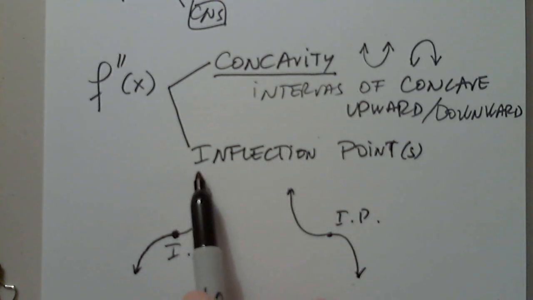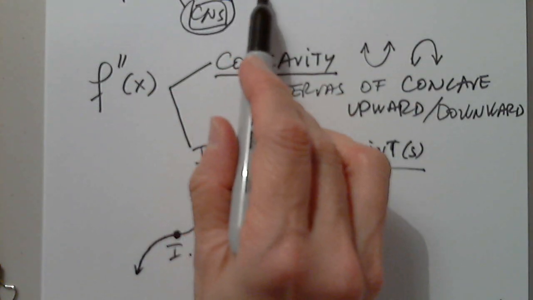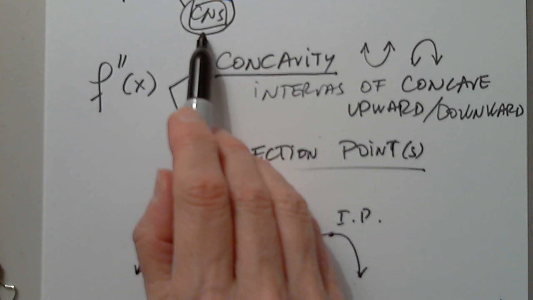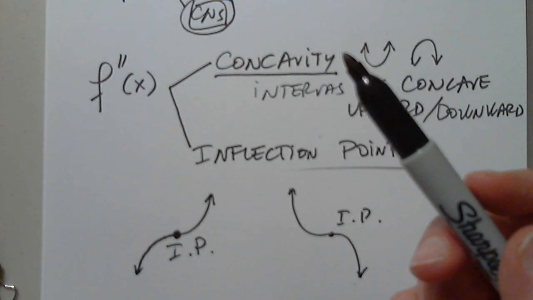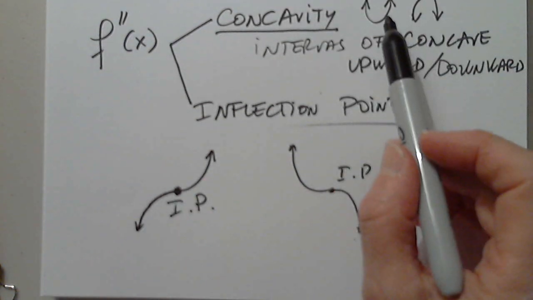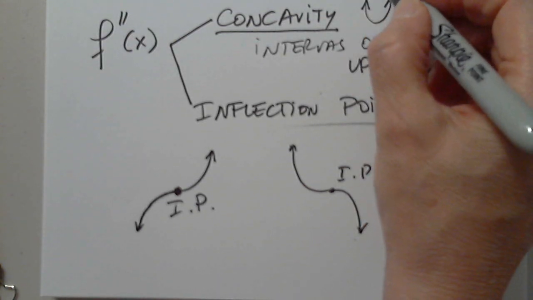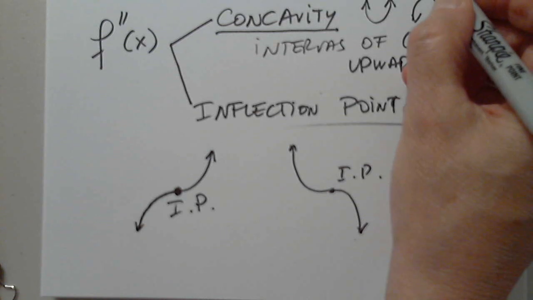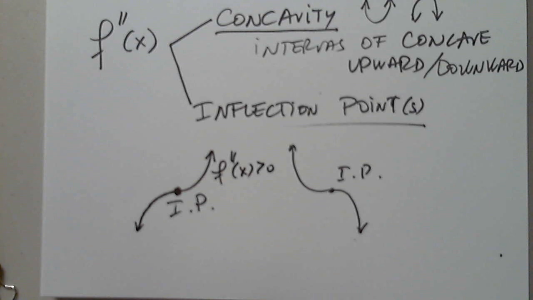Of course, how do I find the inflection points? The same way I found the max-min, with critical numbers if you want, or when the second derivative is 0 or undefined, and then studying the sign. So what happens here when the function holds water, the second derivative is positive. So here, the second derivative is positive, like here and here.